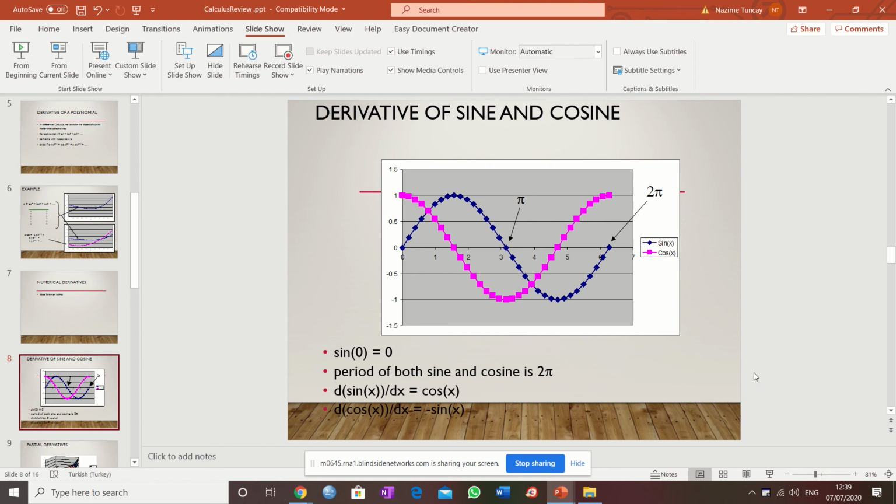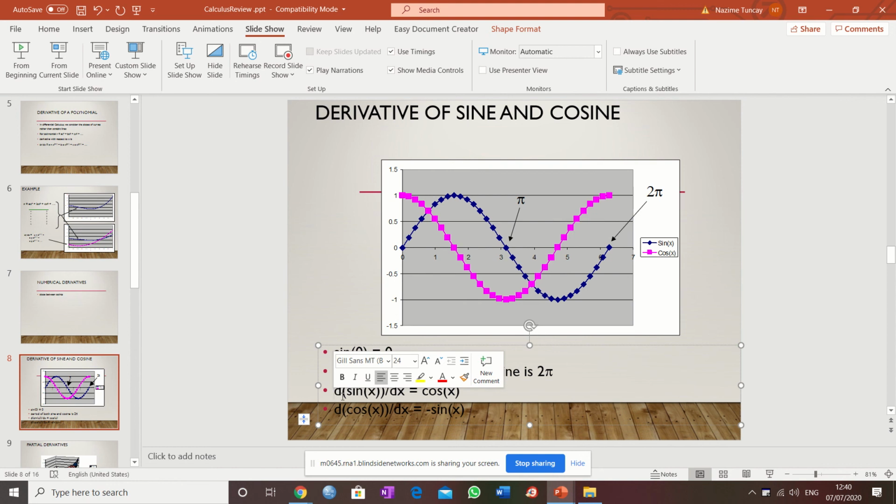So let us explore this graph here. Here you can see that this is the cosine x graph, and this is the sine x graph. We know that sine 0 is 0 here, and the period of both sine and cosine is 2π.